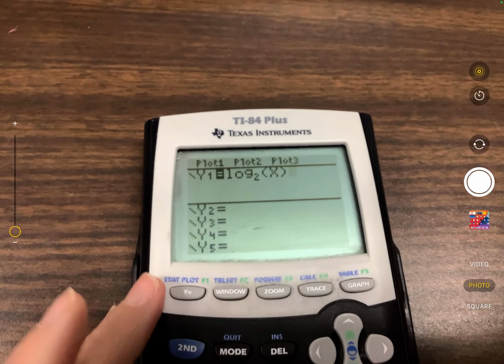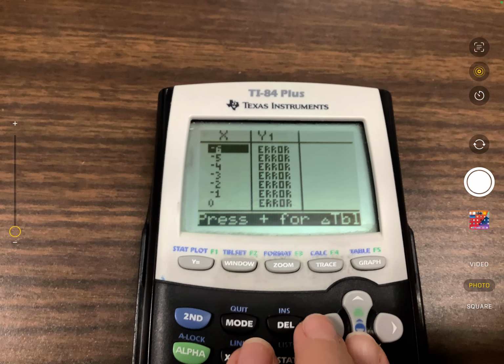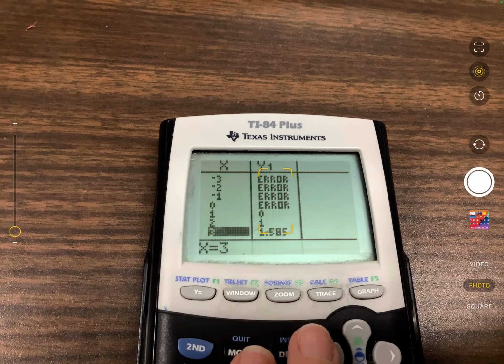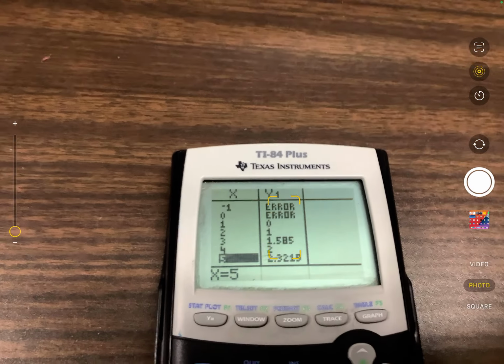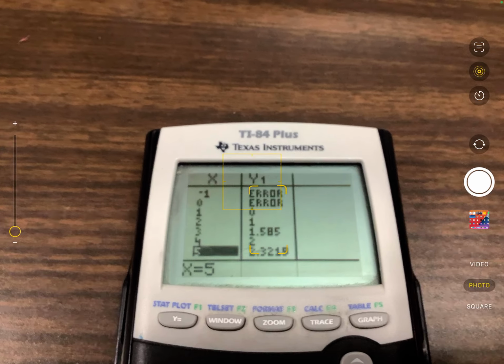We're going to go to the table, and then notice there's lots of errors here. So we're going to plug in or write down our points from the table.